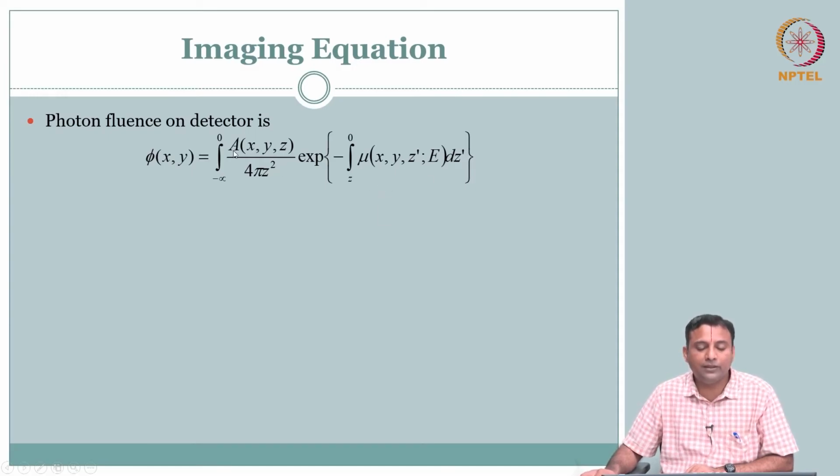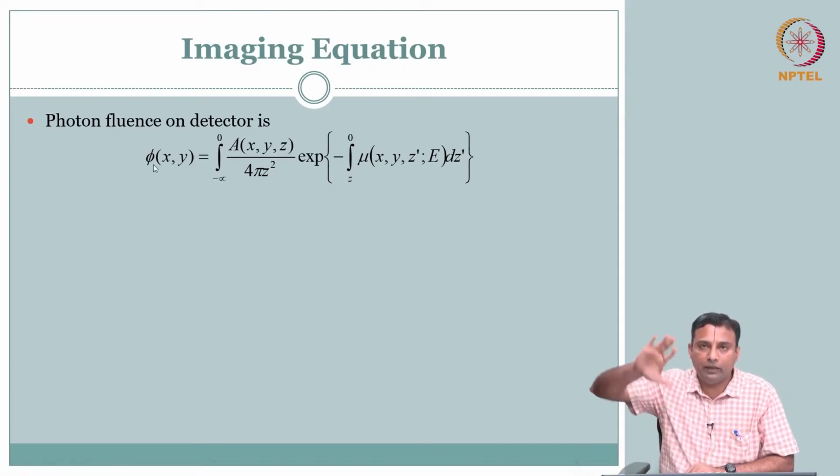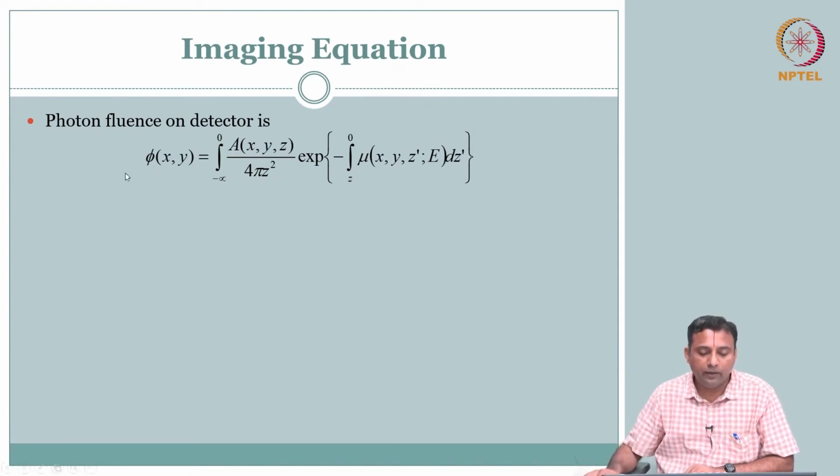We have now basically said that whatever is falling on the detector plane x comma y is whatever happens from the source along z. You have the integration.